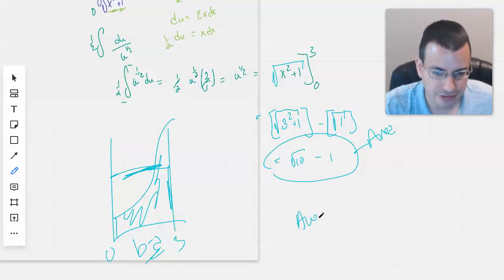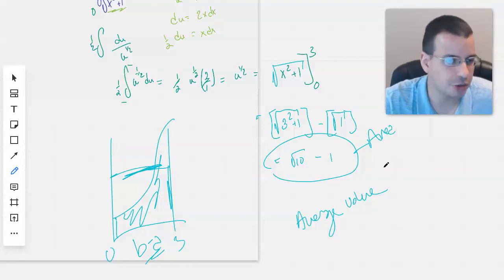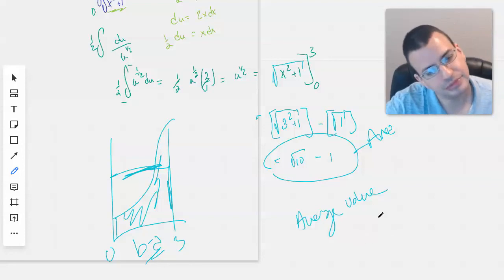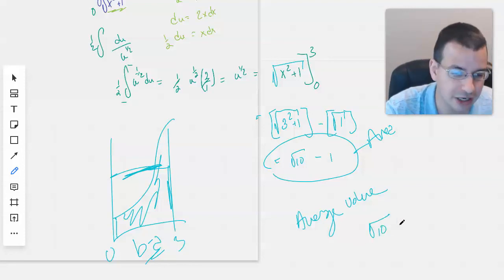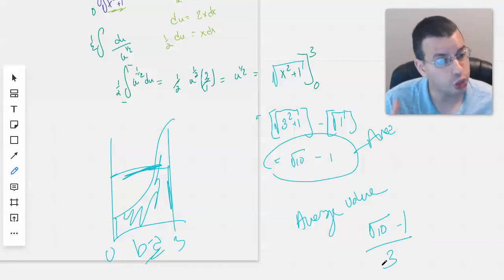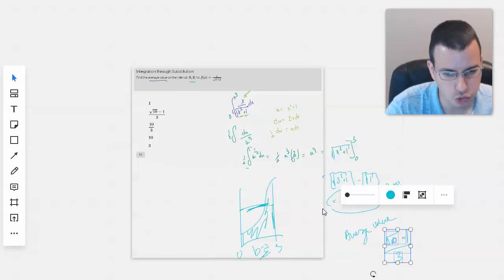So the average value is the square root of 10 minus 1 over 3, because 3 is the distance or width of this rectangle.